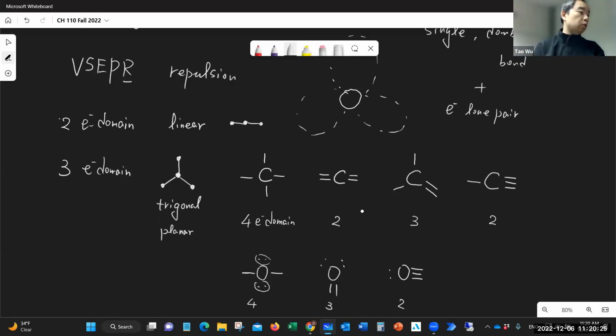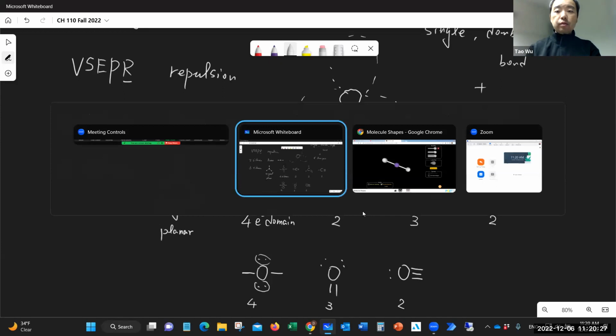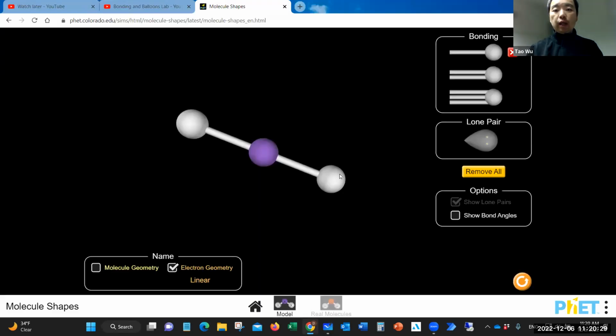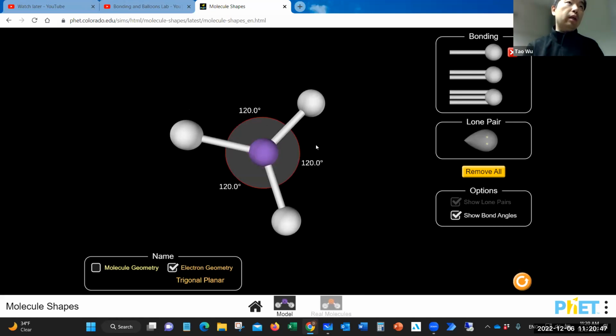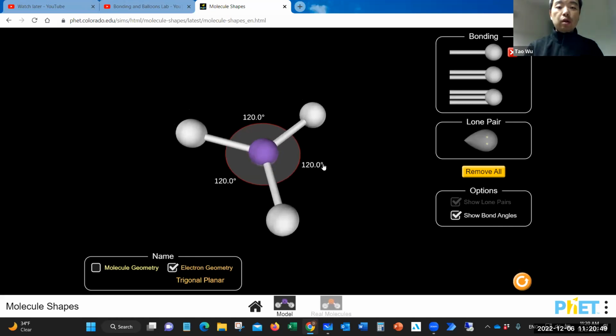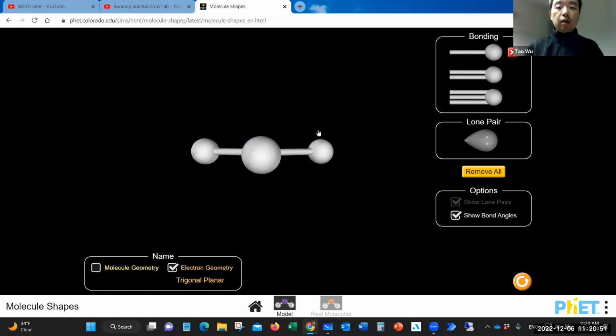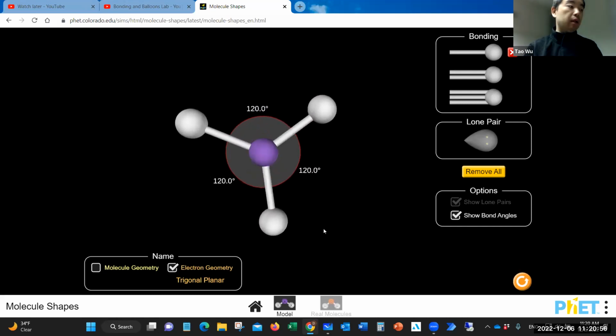The reason it's called trigonal planar is because this is a triangle. You see they have 3 angles, and those electron domains repel each other, so they become identical. The bond angle over here is going to be 120 degrees equally. And the reason it's called planar is because those atoms are in the same plane. So that's called trigonal planar.